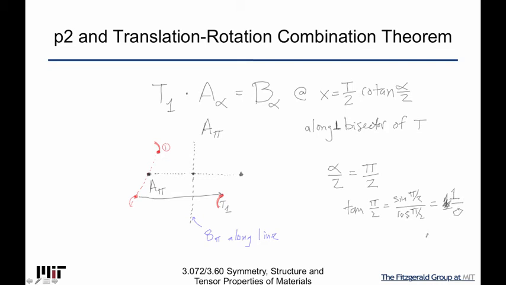Which is a problem, but of course we're after the cotan, which is the inverse, and so that means that x equals 0, right? So sine of pi over 2 is 1, cosine of pi over 2 is 0. If we were focusing on the tan, it'd be a problem, but the cotan is the inverse of that, which is 0 over 1, which is 0. So it says that B alpha is actually located right here.